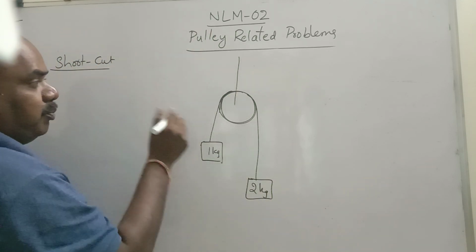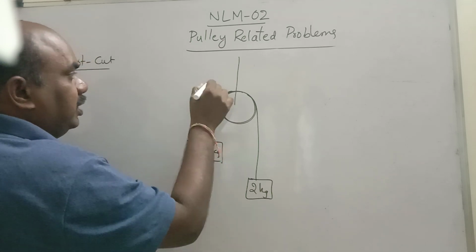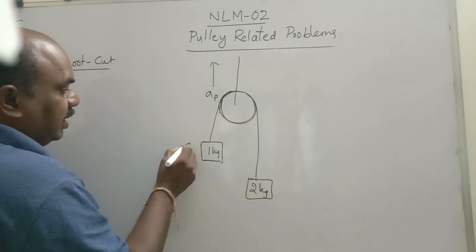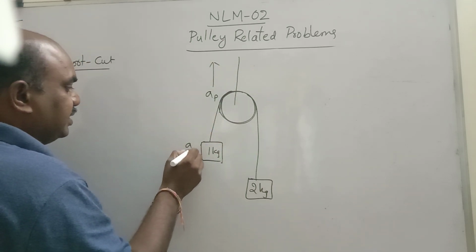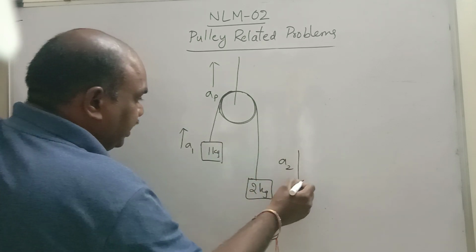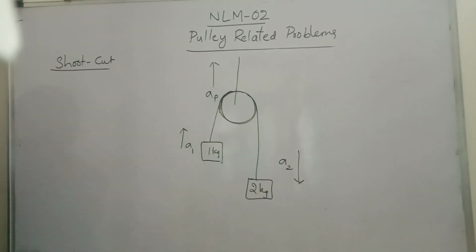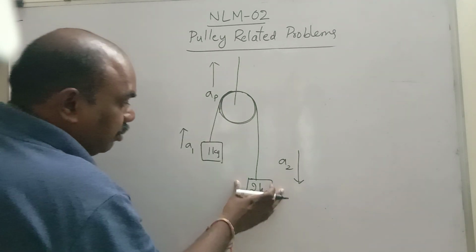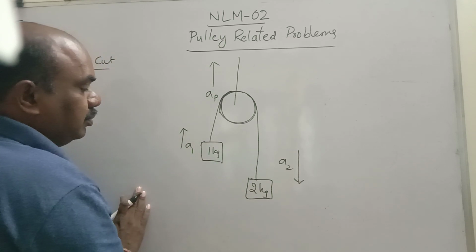The pulley is going upwards; this is the acceleration of the pulley. Let us consider the acceleration of 1 kg is going up and the other is coming down. Let us consider a system like this: one body is going up, one body is sliding downwards.